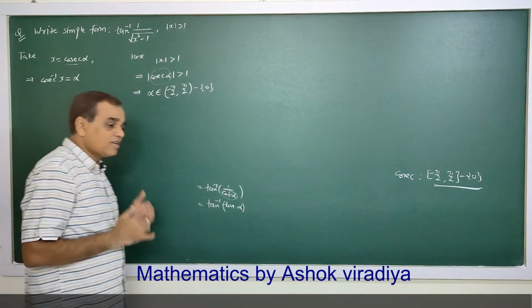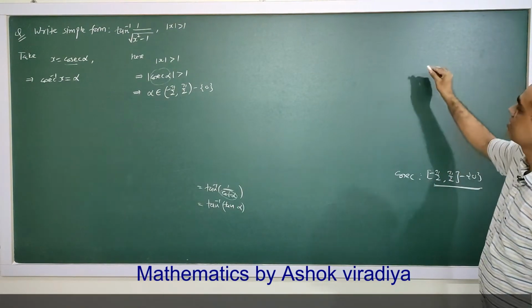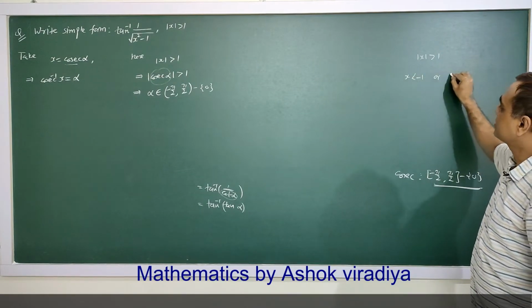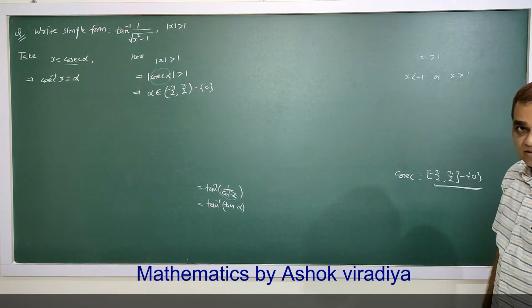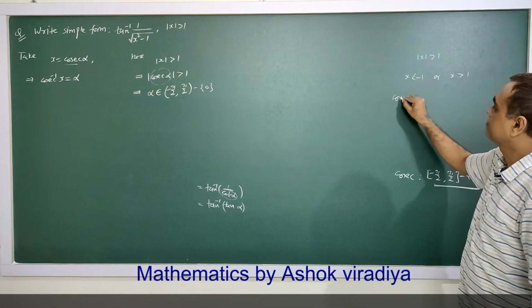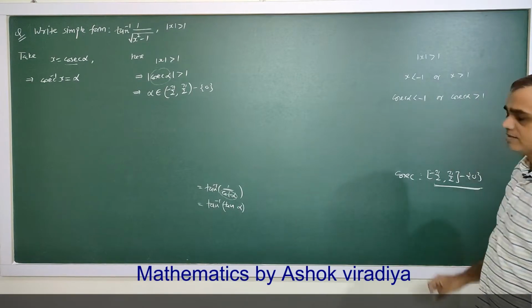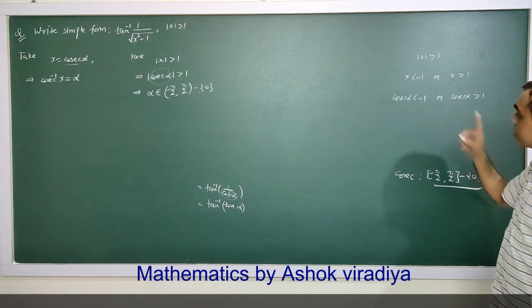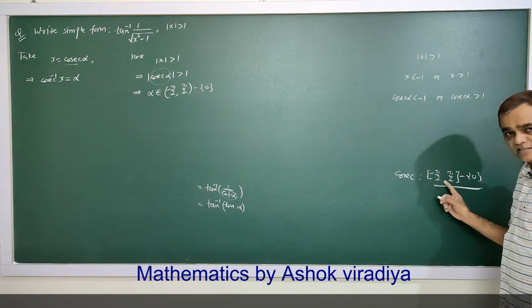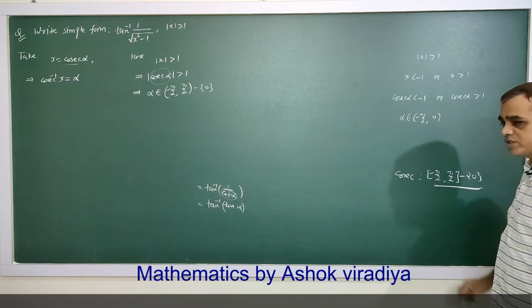Or this can also be expressed this way: modulus x is more than 1. That means x is less than minus 1 or x is more than 1. That means cosec alpha is less than minus 1 or cosec alpha is more than 1. When cosec alpha is less than minus 1, alpha will be from the fourth quadrant, so alpha belongs to the open interval minus pi by 2 to 0.